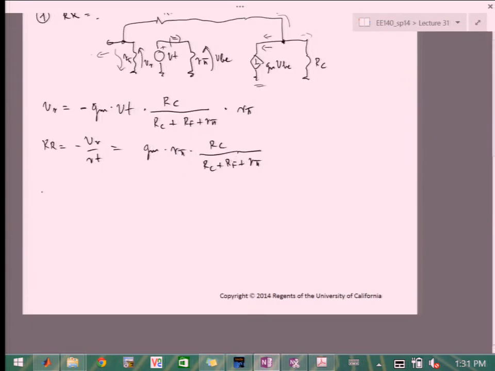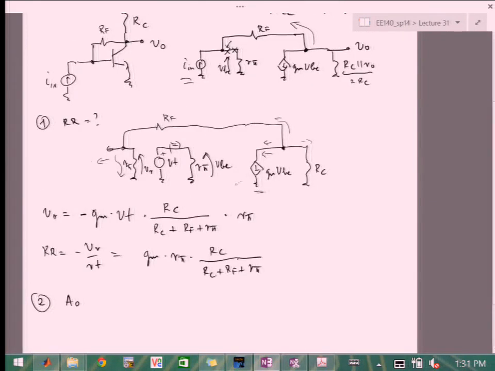So under 2, let's do the A0. So in A0, again, we have to eliminate the, or let me just circle it here, we have to eliminate the K, or in this case, it's GM again. It's the coefficient or the gain of the controlled source.